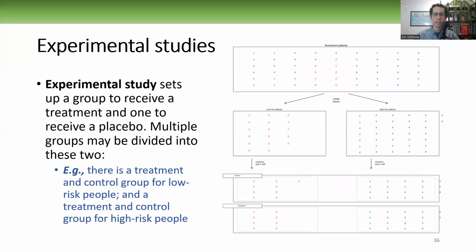And in experimental studies, it gets more detailed as well when we're talking about how you actually configure and set up an experimental study. But generally, there are two groups. One receives a treatment, what we call the intervention, and one receives a placebo. Now, some studies don't actually give a placebo, but we really should because it helps the study.